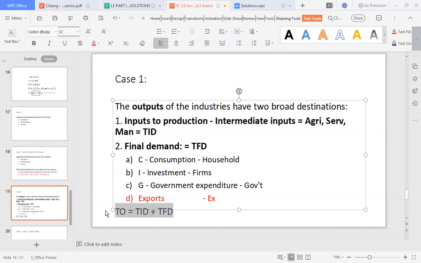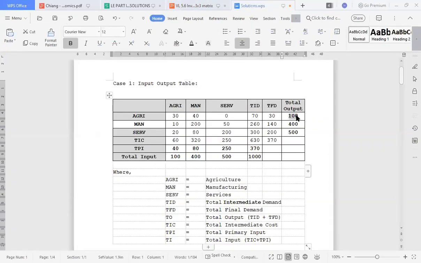So the total output, class, is just the sum of TID and TFT. So the total output here is 100. So that's 70 plus 30. That's 100. Again, these are exogenous, because this is an open model, an open Leontief model.